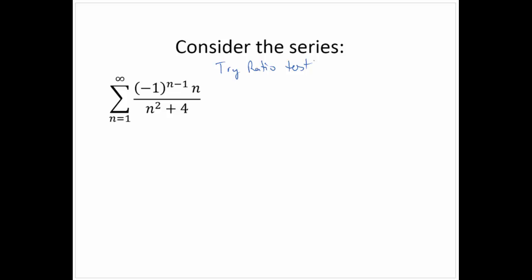If you try the ratio test, you should find that the limit as n approaches infinity of a sub n plus 1 over a sub n under absolute value is exactly 1. Which, remember, if you go back 3 slides, tells us that the ratio test is inconclusive.